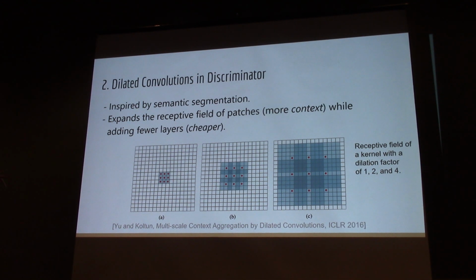Here we see the effective receptive field size in blue, green, pink, of a dilated convolution relative to a regular convolution on the left-hand side. So we're going to introduce these into the discriminator, and this is going to give us more of that wider context.